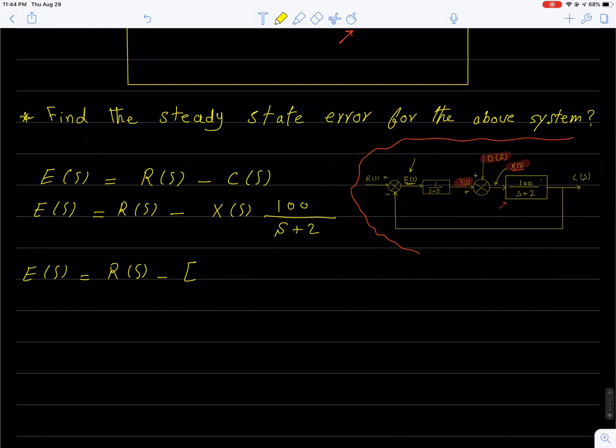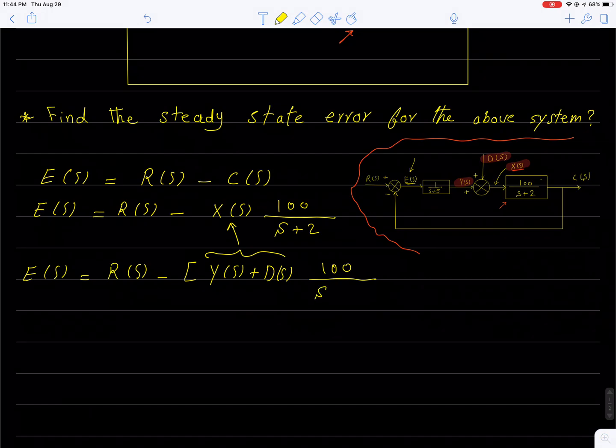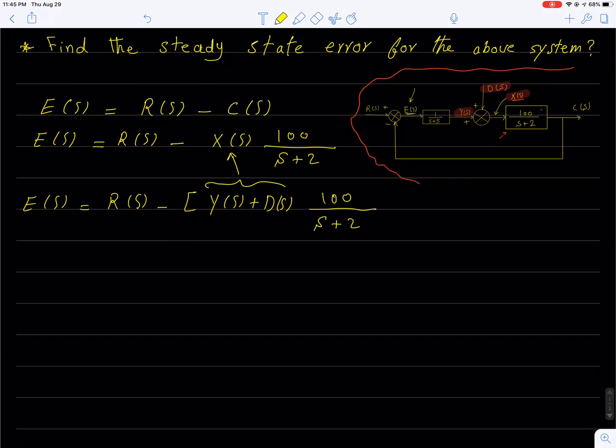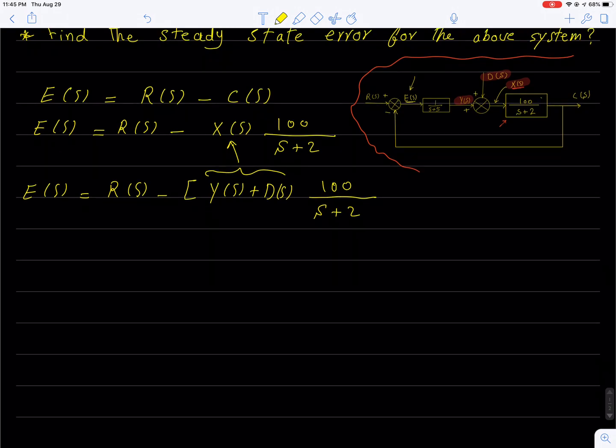It's Y of S plus D of S, which is both this one, times 100 over S plus 2. Okay, let me close this bracket here.